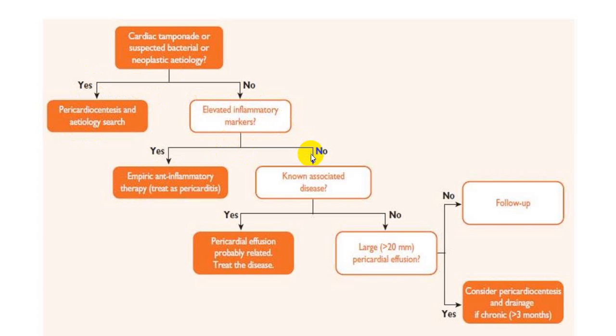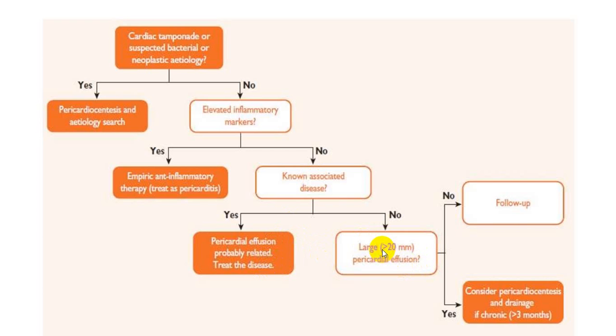If you do a CRP, HSCRP, and they are elevated, you will have to go for anti-inflammatory therapy like steroids, colchicine, aspirin. And if it is normal, you can go for finding out the etiology and then treat the basic disease.